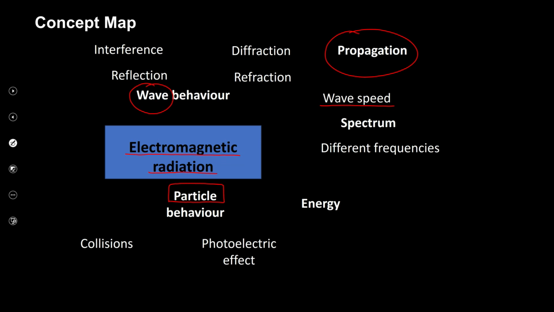We then explored the fact that it was a spectrum made up of various frequencies. Now we can finally take all of these concepts and link them to this idea of energy and see if we can link any of the features of electromagnetic radiation like frequency to the energy of the electromagnetic radiation.